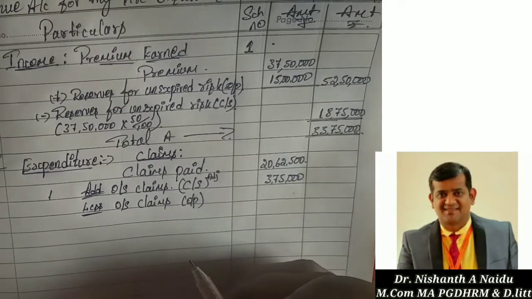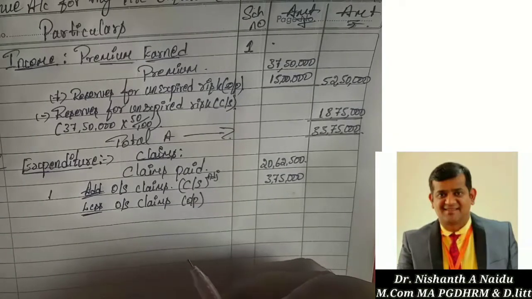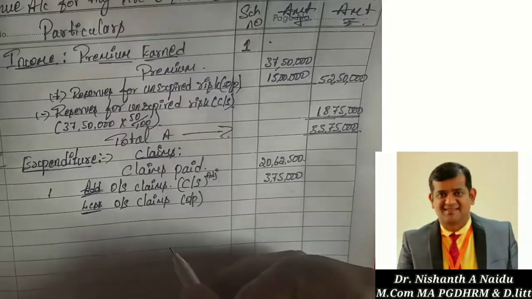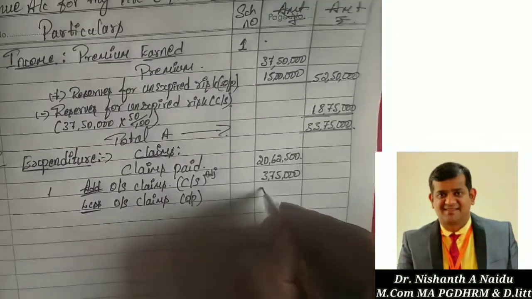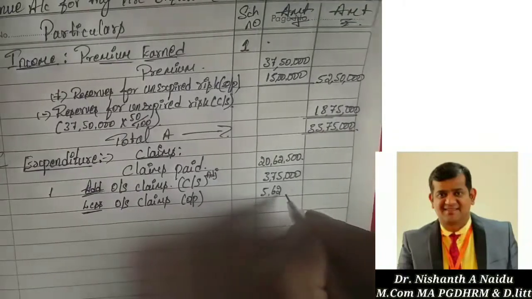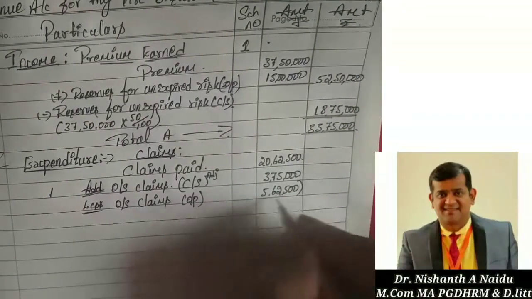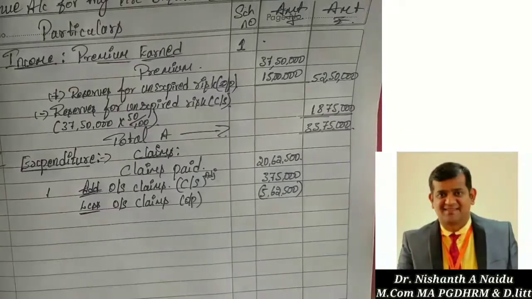Yeah, opening claims outstanding, debit side, 1, 2, 3, fourth item. Outstanding claims 1 4 2005, 5,62,500. Since it is a deduct, I am writing it in a bracket.